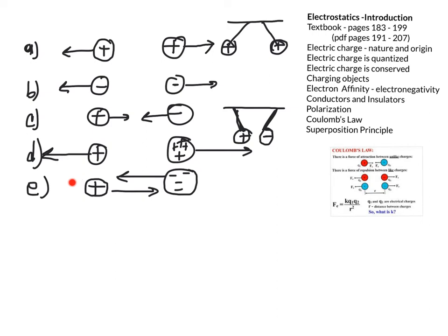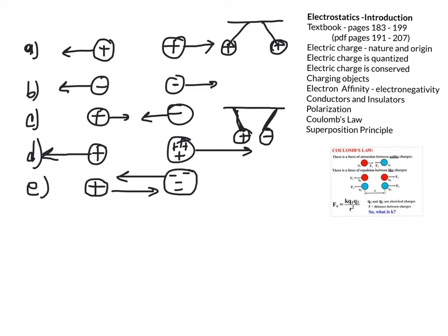So this is the equation we use. And what is K? K is the proportionality constant. K is the constant in the equation that allows us to get the force in newtons given the two charges in coulombs and the distance in meters.